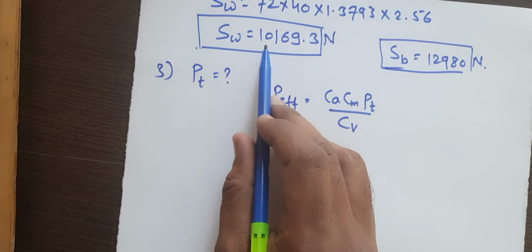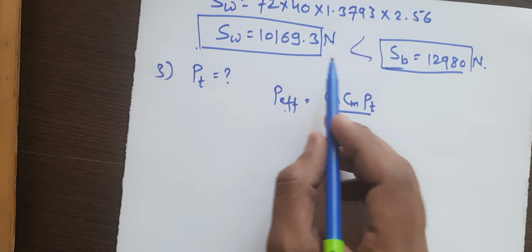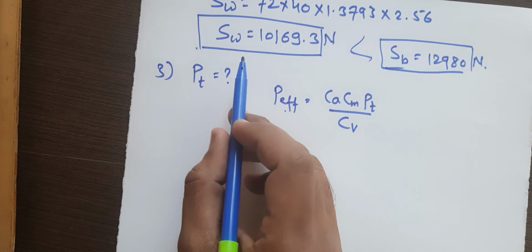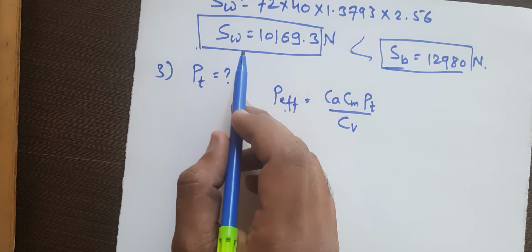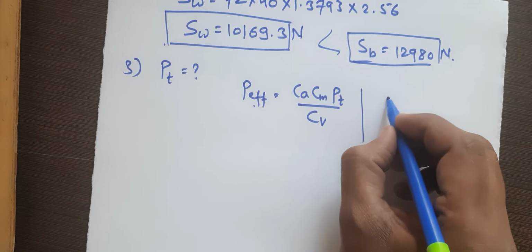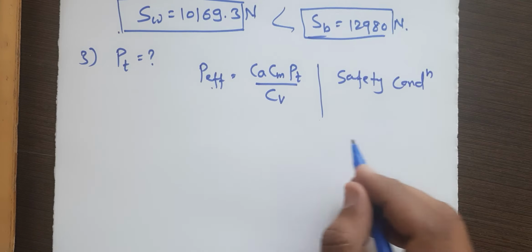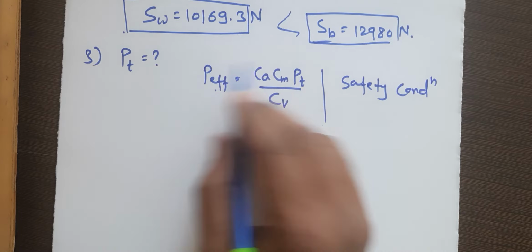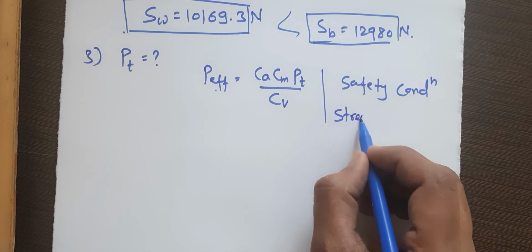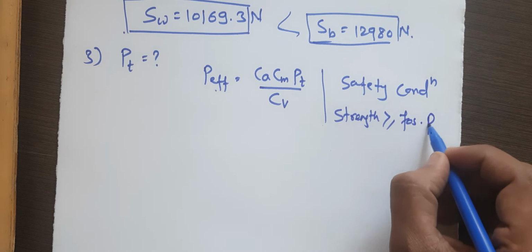Now see here, SW is 10,000, SB is 12,000, means your SB is greater than SW. So here your design is based on wear strength. We are having the safety condition: whichever of SB or SW is smaller, that strength should be greater than or equal to factor of safety into P effective.